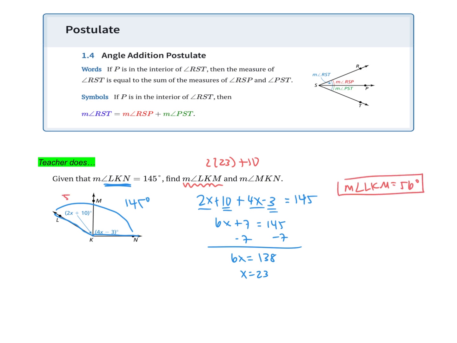So that's this one. So then if I want MKN, that is 4 times 23, subtract 3, which is 89 degrees. So our measure of angle MKN is 89 degrees.